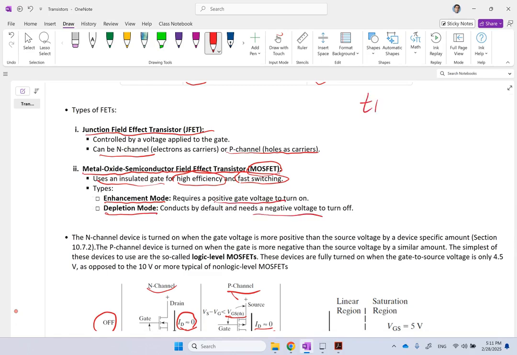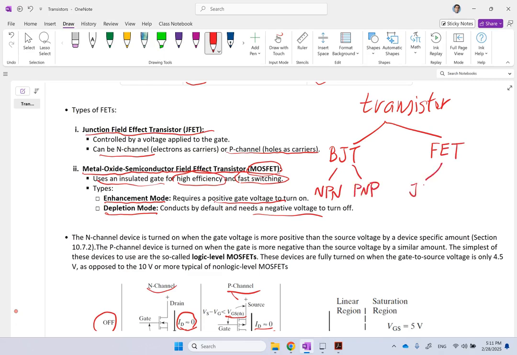So if we want to look at these transistors that we have seen so far, there is the category of BJT and there is the category of FET. And these BJTs are NPN and PNP. And these FETs are JFET and MOSFET. JFETs are N channel and P channel.